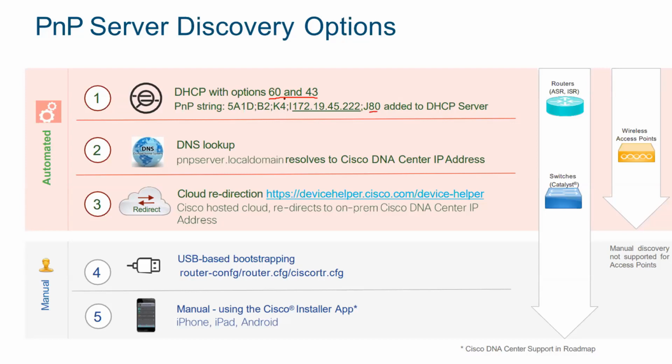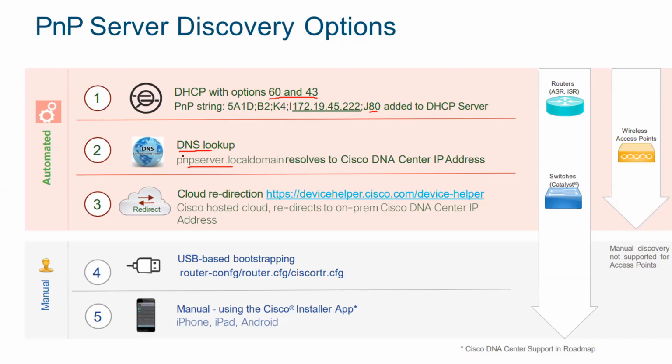If DHCP option 60 or 43 is not configured, or for some reason it didn't work, it was configured wrong and pointing to the wrong server, I can have a DNS record in my network, pnpserver.localadmin, which is pointing to the DNA server. So if DHCP option 60 or 43 failed, the device will try to resolve pnpserver.localadmin. Your DNS server will give it the IP address, and then it will connect to the DNA server.